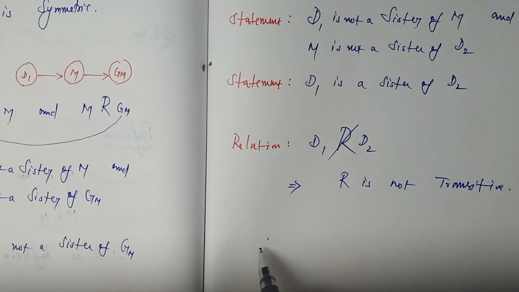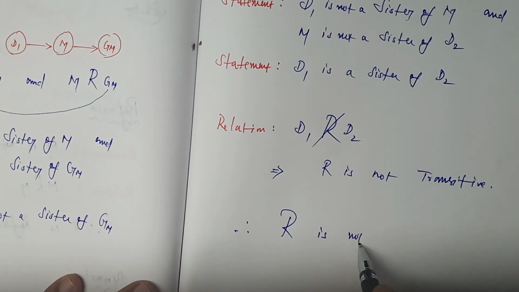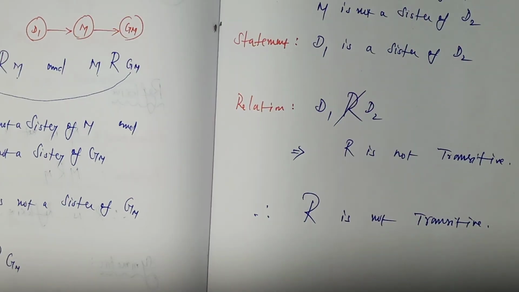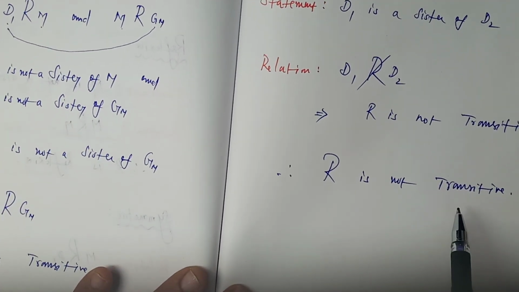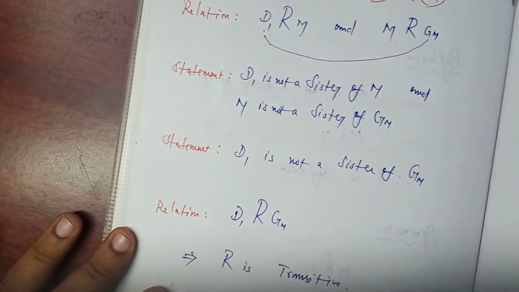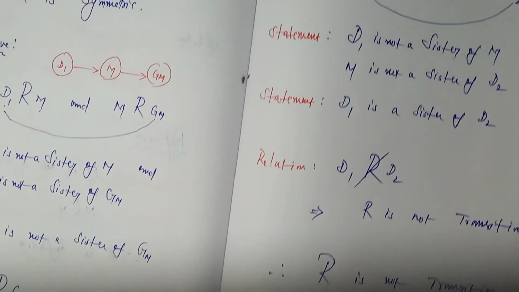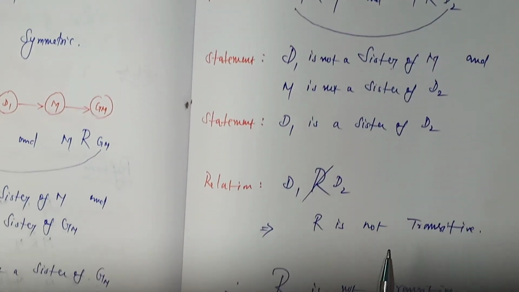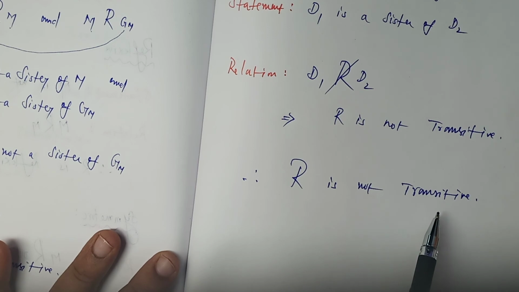Final result, R is not transitive only. But the book answer is wrong. The book gives transitive because they have taken case 1 only. It is also possible, we have proved that R is not transitive. The final result is not transitive only.